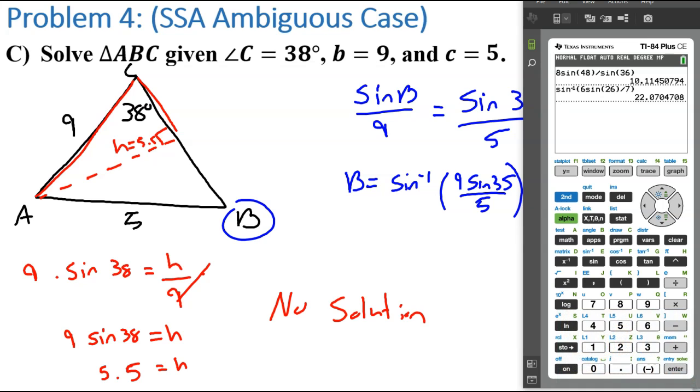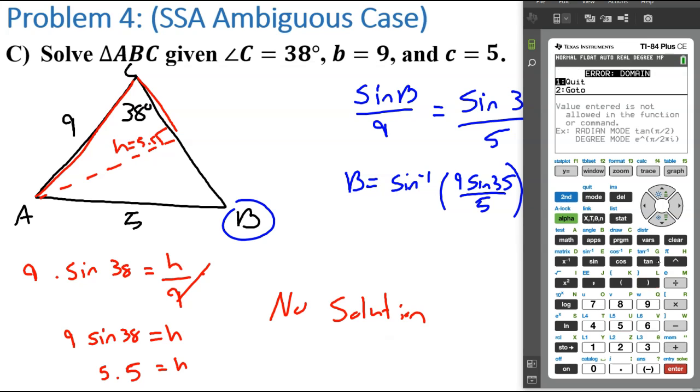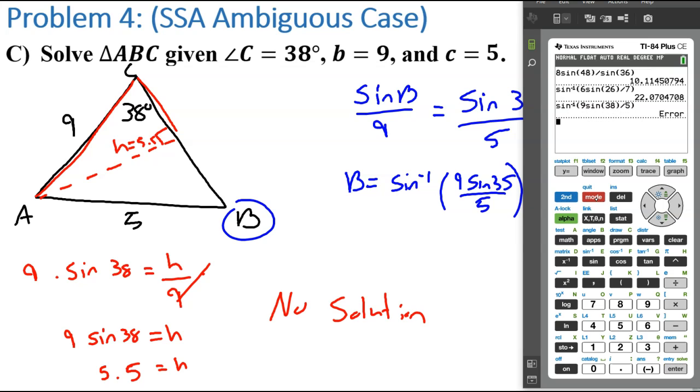When I go to plug that into my calculator, what happens? Domain error. The value entered is not allowed in the function or command of the sine inverse. Did I do sine inverse? Yep, we did sine inverse. So sine inverse doesn't work for this impossible triangle. It won't even let you get going with it.